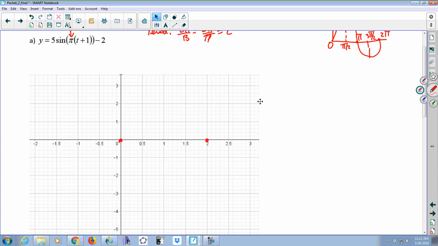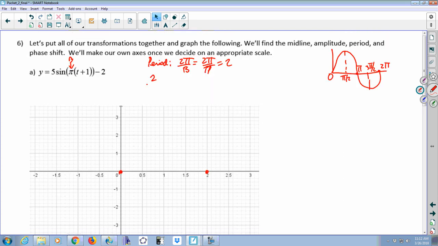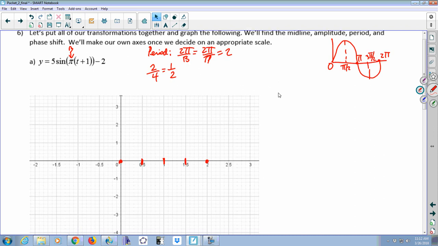I take my period, 2, and divide it by 4. That's a half. So something important is happening at each increment of a half: here, here, here, and then I'm back to the beginning. Right now I'm marking these points 0 and 2 as if that were my midline, so I'm just going to put little tick marks there.